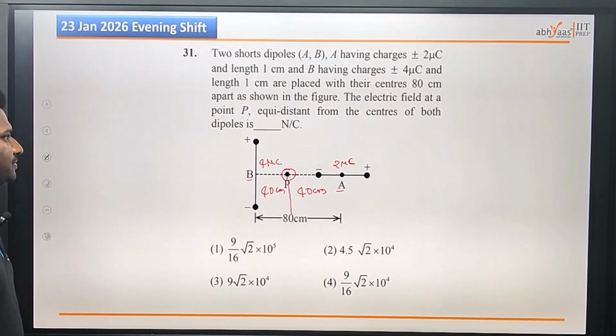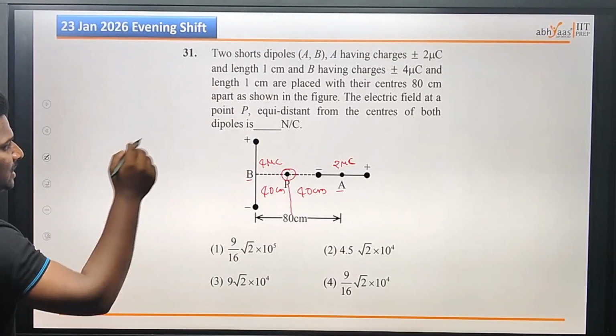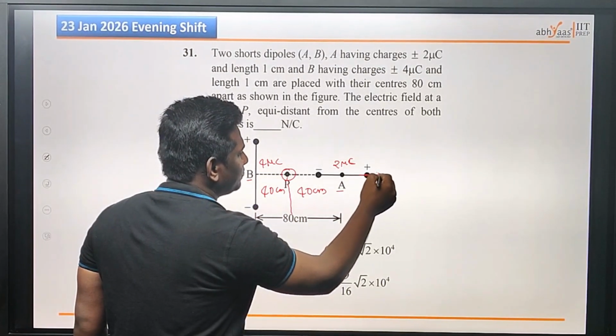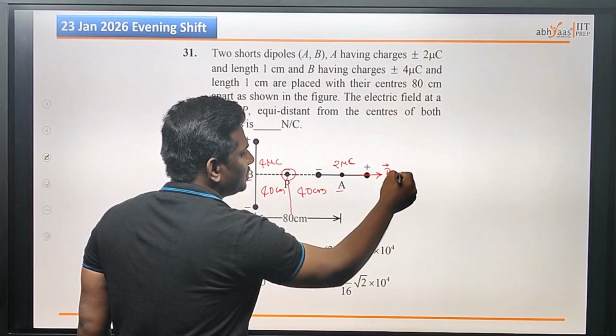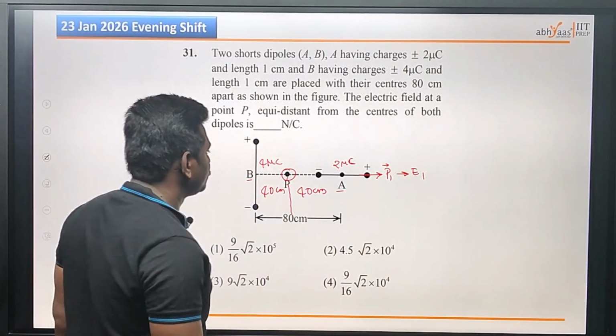So how to find? See here, take this one, take this is P1, dipole P1, and in this direction also we are having E1.